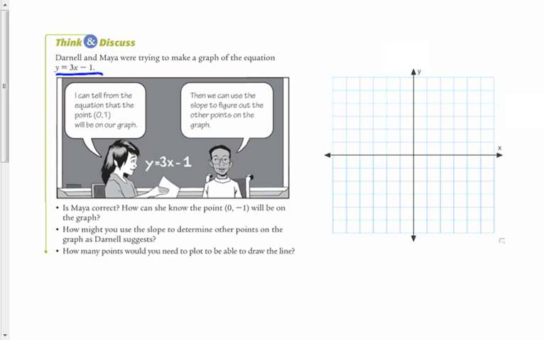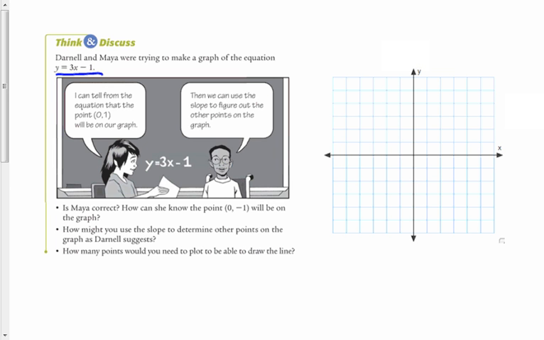All right? Go ahead and check this cartoon out. Pause right now and read it. And then we'll talk about it here. So what do you think? Is Maya correct? How can she know the point 0, -1 will be on the graph?